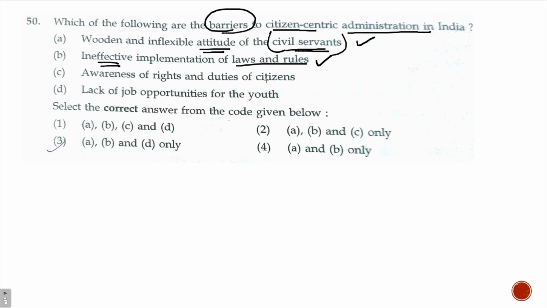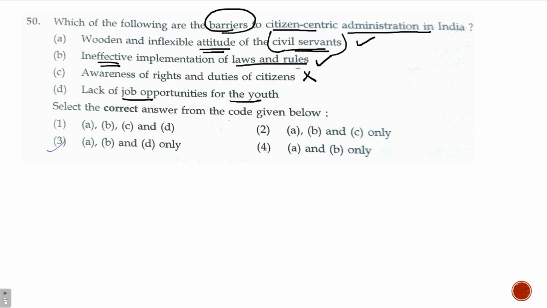Awareness of rights and duties of citizens. If the citizens are aware about their rights, then it's going to be more effective. The administration and citizen link is going to be more effective, and therefore it's not a barrier. It's actually a supporter of citizen-centric administration. Lack of job opportunities for the youth, is that correct? See, lack of job opportunities is not connected with citizen-centric administration at all.